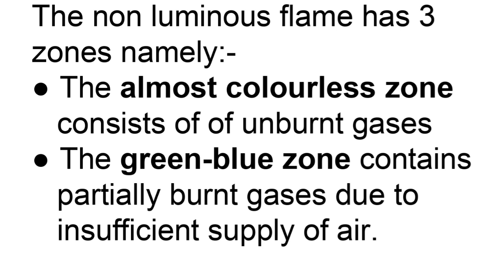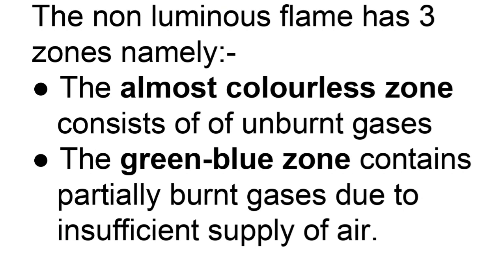The non-luminous flame has three zones, namely the almost colorless zone, which consists of unburned gases, just like in the luminous flame. Then we also have the green-blue zone, which contains partially burned gases due to insufficient supply of air.